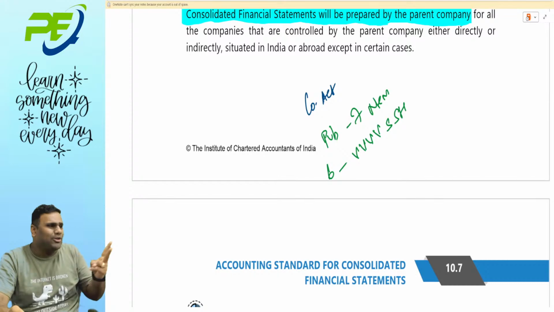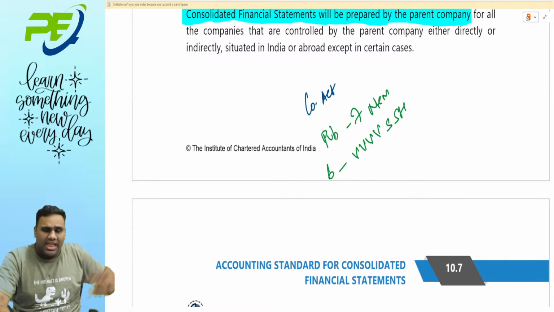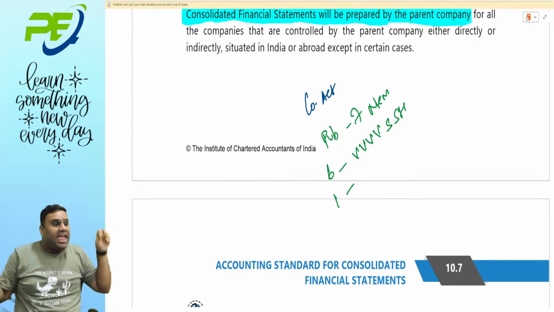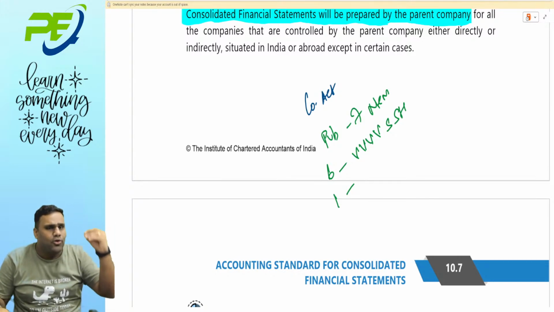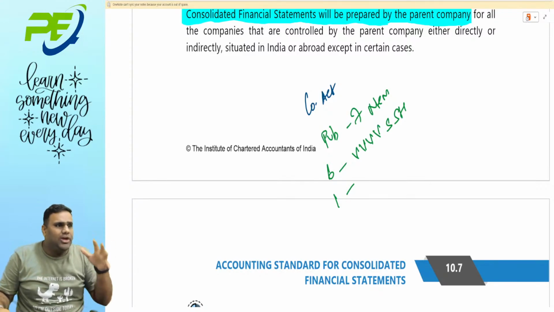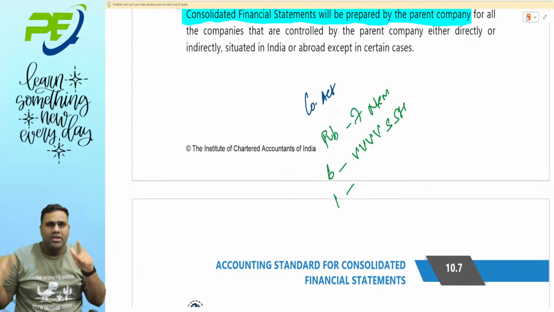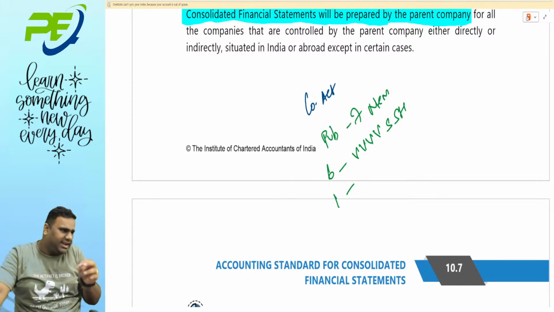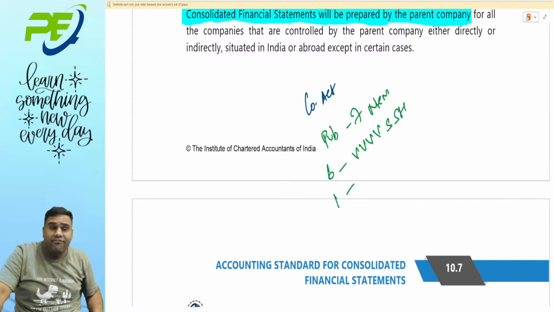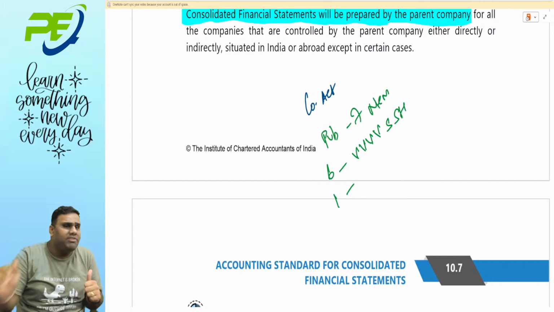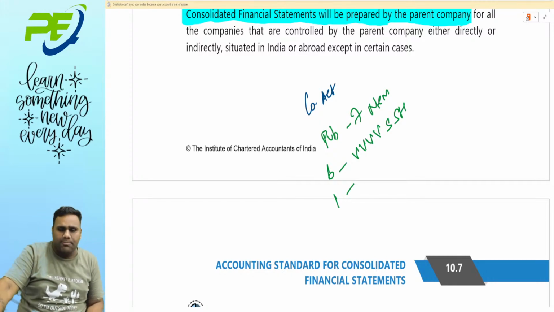They are having 1 share, 2 share, 5 share, 10 share, that's all. And the remaining is held by the holding company. Then also it will be called wholly owned subsidiary. Yes, it will be less than 100, but the proportion will be very, very small. These extra members are there to comply with law.